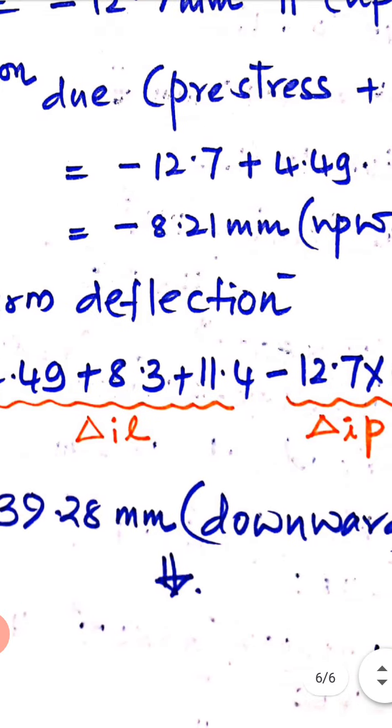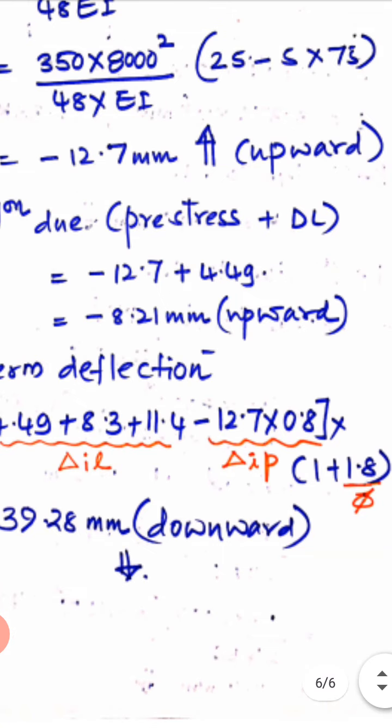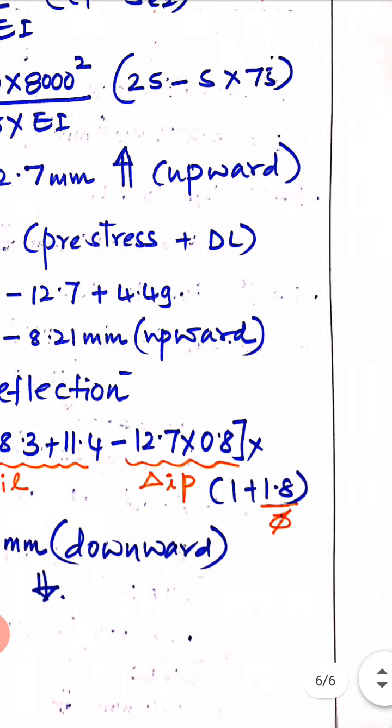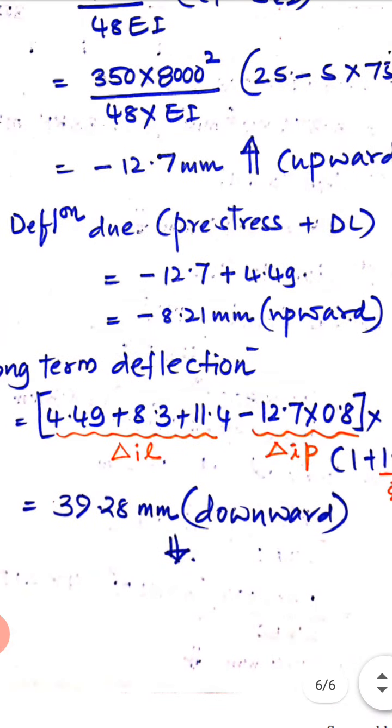And next we got because of pre-stress 12.78, the loss ratio is 0.8 as given, and 1 plus phi, there is a change here. In the previous problem it was 1.6, here it is given as 1.8. So ultimately we got the long term deflection as 39.28 mm, that is downward.